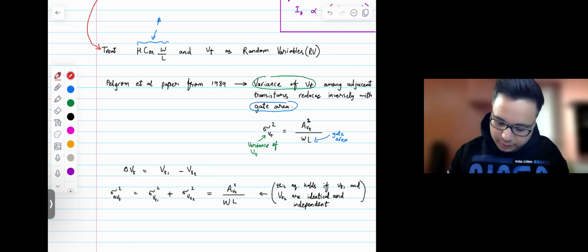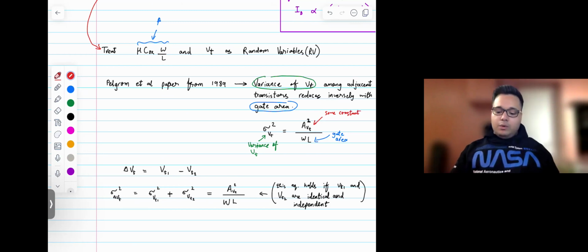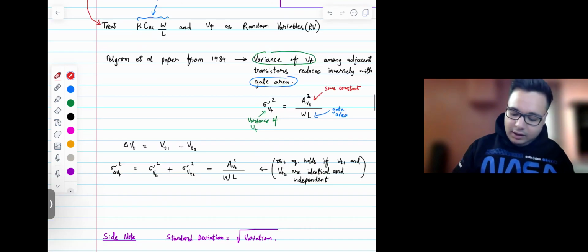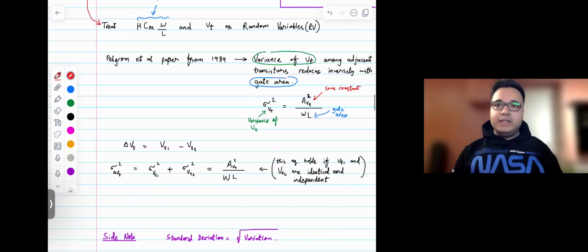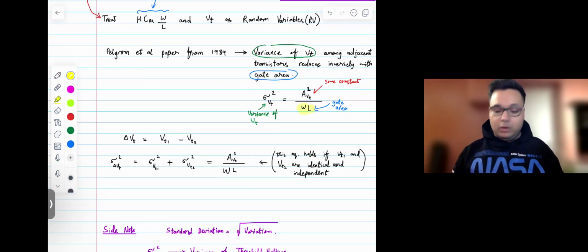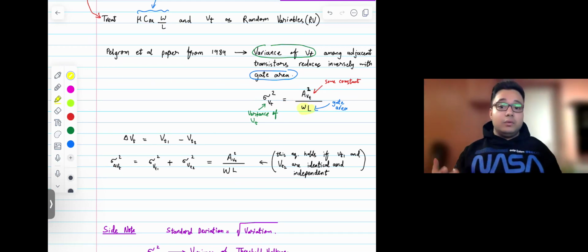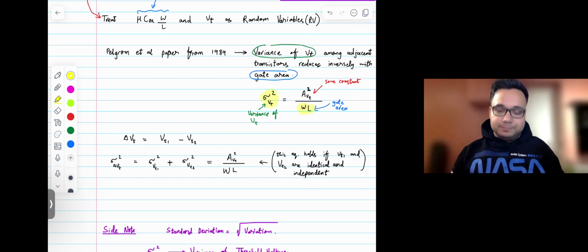And this term, A VT squared, is just a constant. Just some constant, okay? So now, basically what Pelgrom's law says is that if you increase WL, this product of length and width, or you increase the gate area, then the variance in your threshold voltage would decrease.